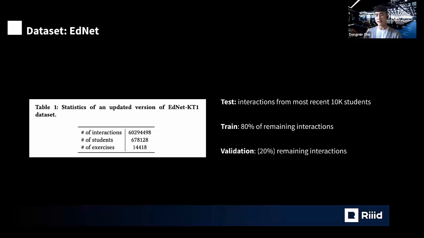The test dataset I used is the interactions from the most recent 10K students. And then I randomly chose 80% of the remaining interactions as a training dataset. And I used the remaining data as a validation set for the experiments.